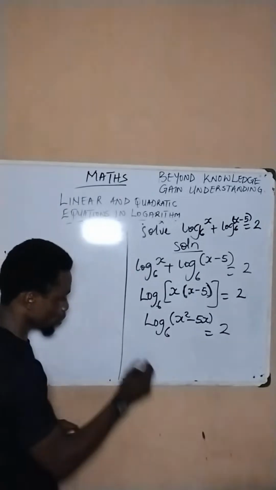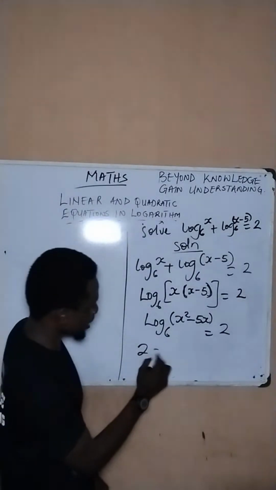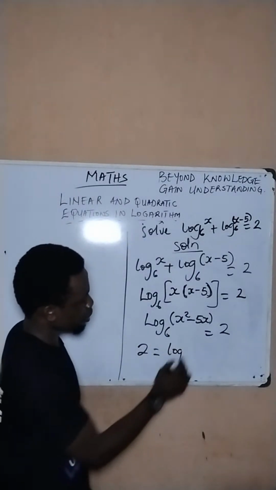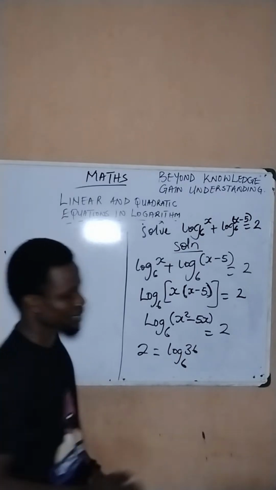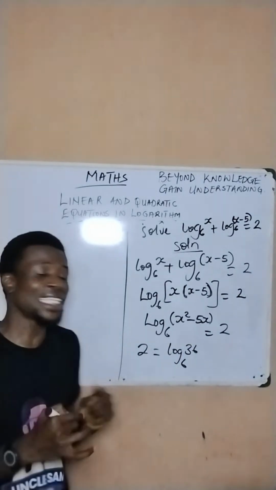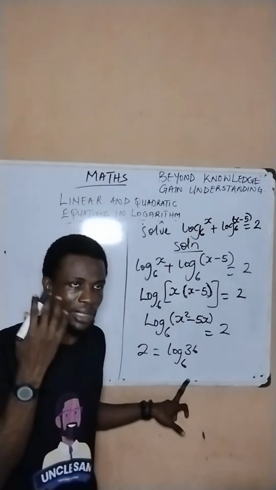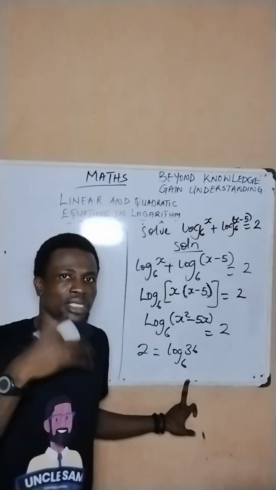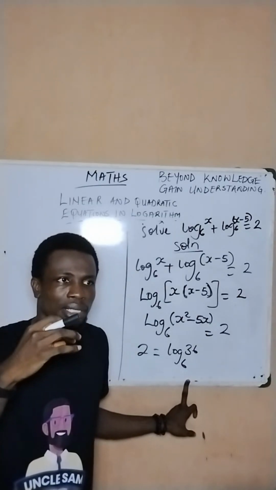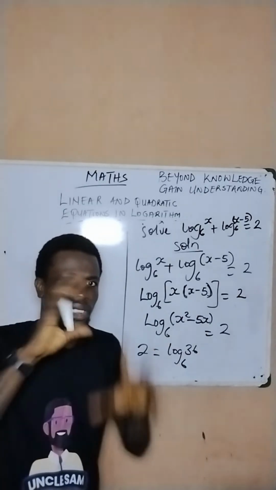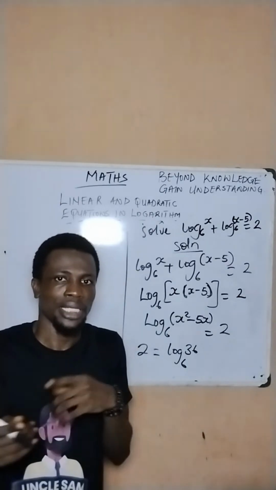So it turns out that 2 is the same thing as the log of 36 base 6. How did I know? Well, I'm just trying to key into the base that is already here. The base here is already 6. So I'm trying to tell myself, okay, what number will I raise 6 to give me 36, so that when I do the necessary conversion or simplification in logarithm, it will give me 2.